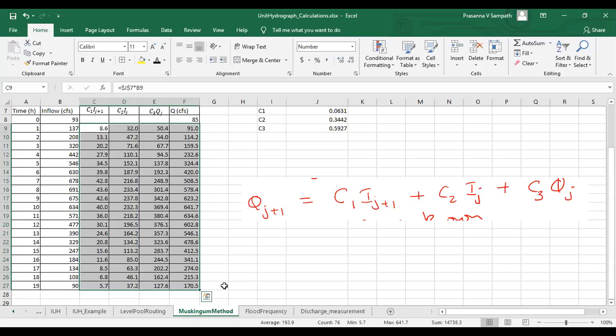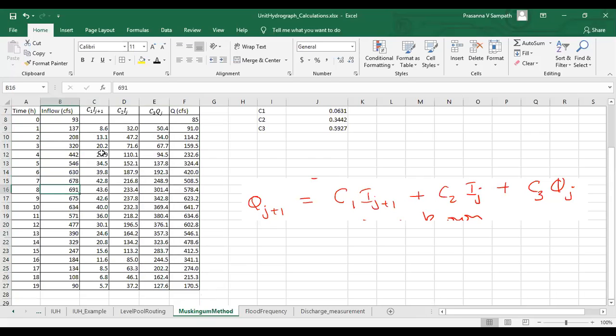Again, you will notice something interesting over here. Because we are not assuming that there is any storage within the channel, you will notice, actually there is some storage within the channel. Let's see. When is the peak of the inflow?